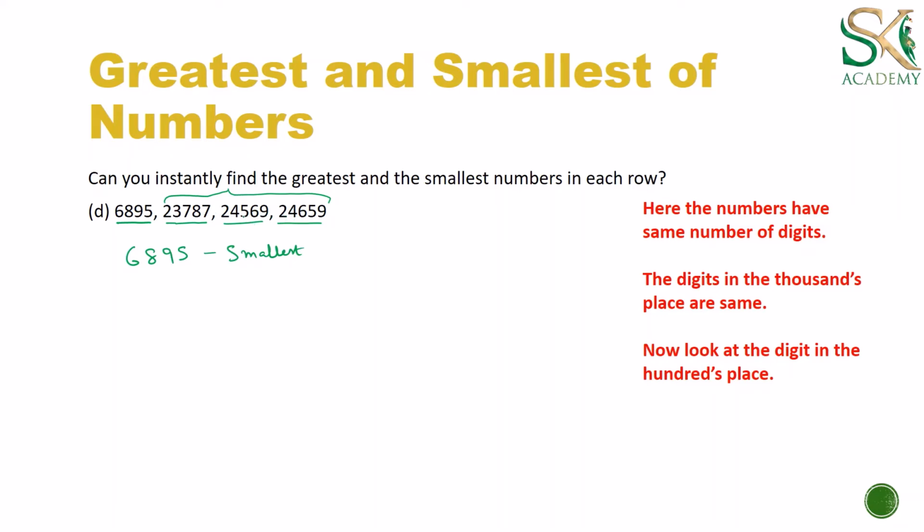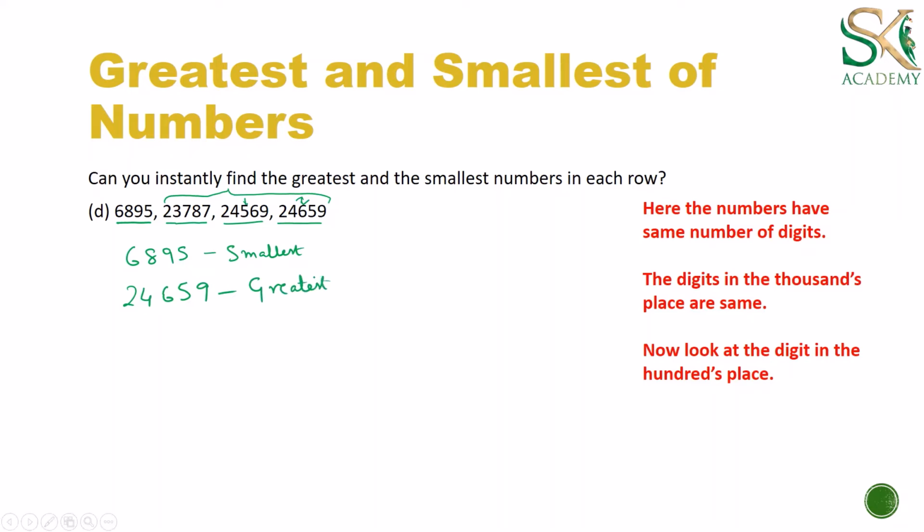Now compare these two again: 2 4 5 6 9 and 2 4 6 5 9. Obviously 6 is greater than 5, correct? That is why 2 4 6 5 9 is the greatest number.